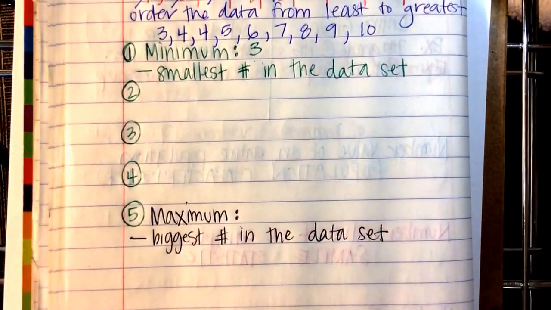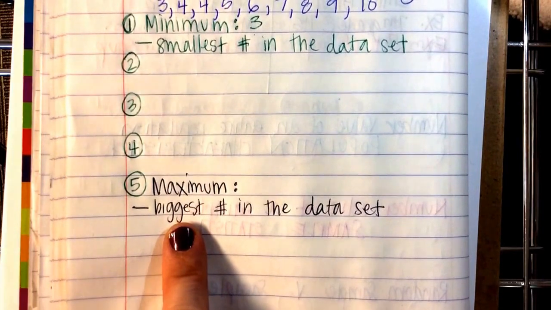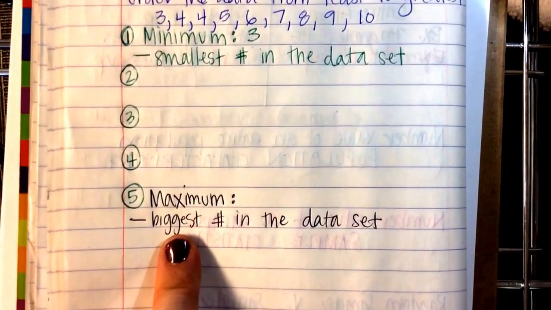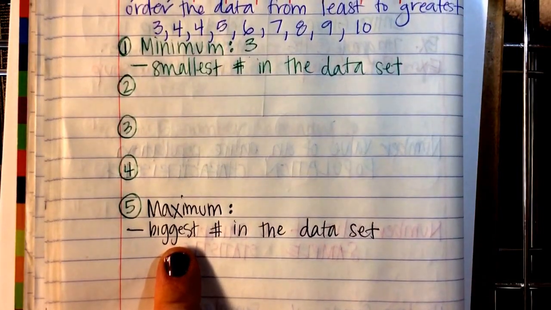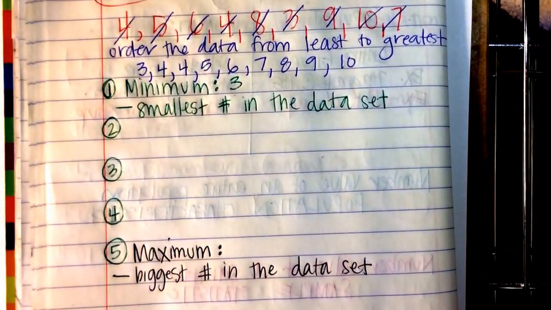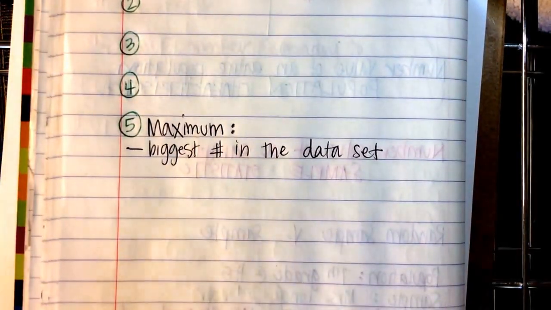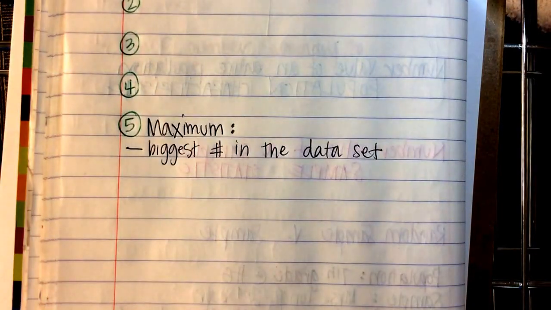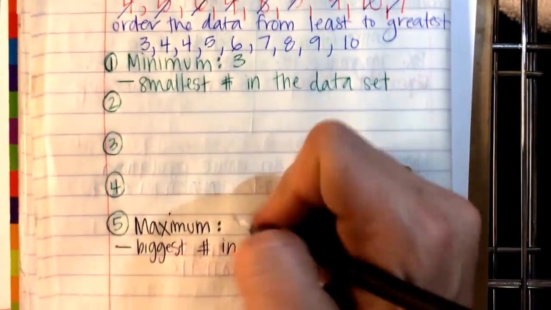What's a better mathematical word than bigger? Largest. Greatest. Biggest means size, right? Largest can mean size, amount, right? We want the greatest number, but I get it. Biggest makes sense. So looking at that data set, what is the maximum? 10.